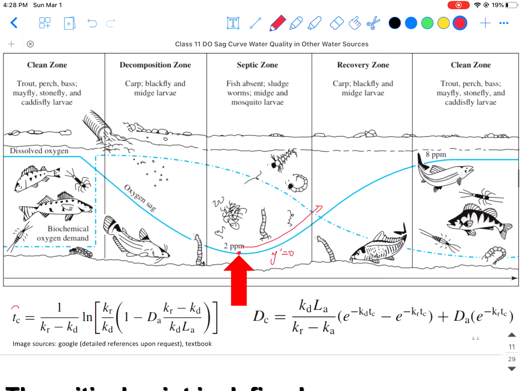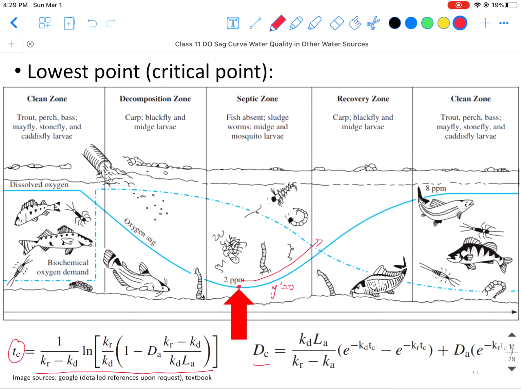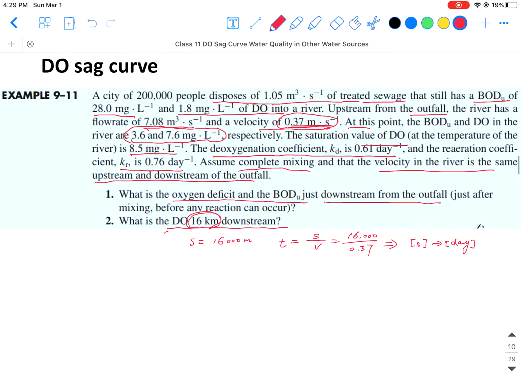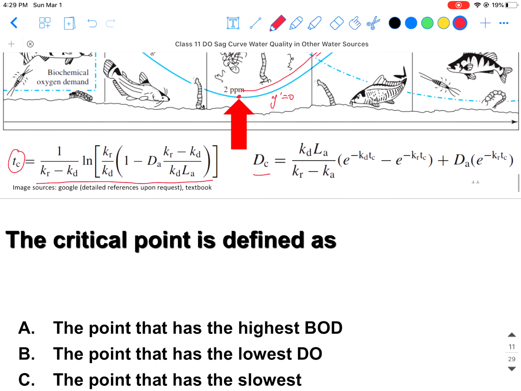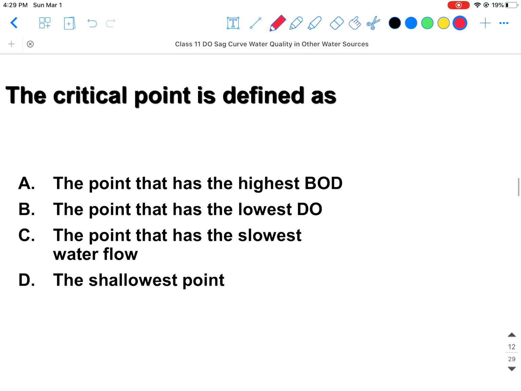So it turns out that this critical point corresponds to a critical time that's having this lowest dissolved oxygen concentration, and that can be calculated from this equation, and we can further calculate what is the oxygen deficit at this critical point, and that's calculated by this equation here. Okay, so I won't further derive these equations here. If you're interested, you can just use this equation and then take its derivative to 0 and then solve for what is t. Okay, so now let's do a quick quiz.